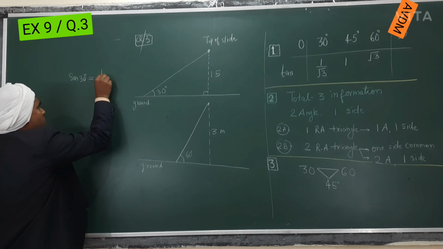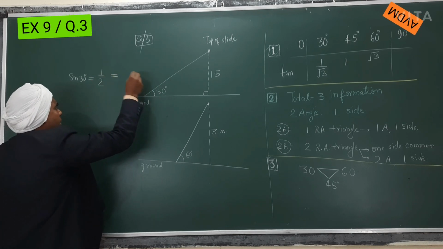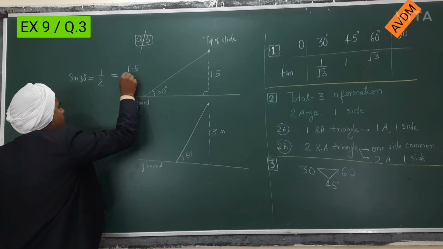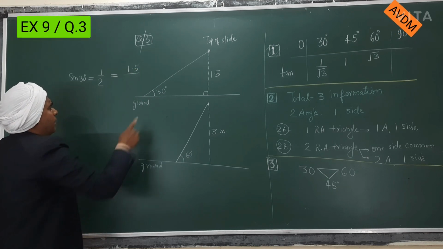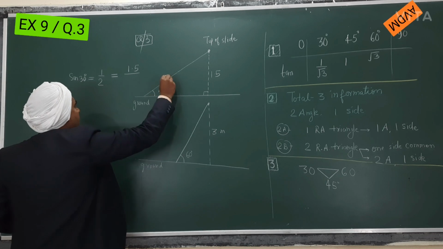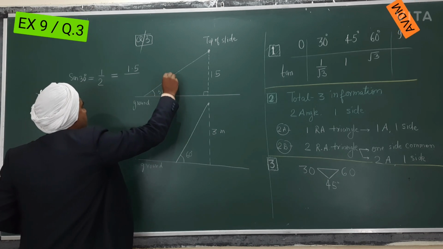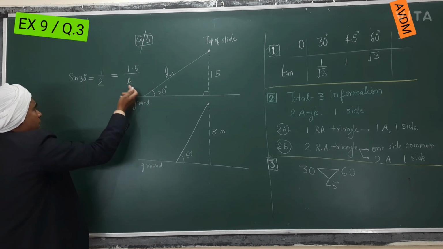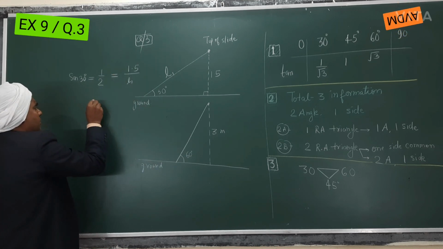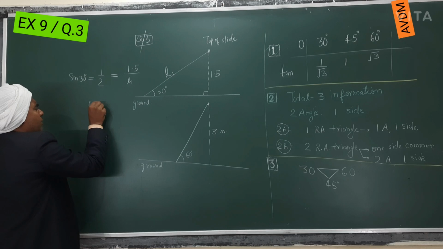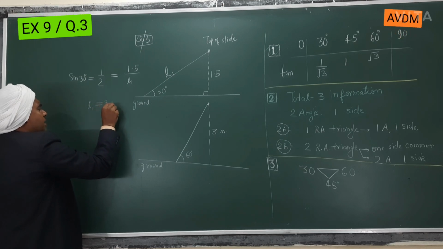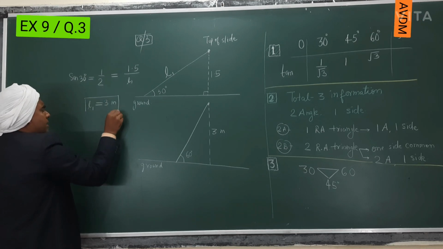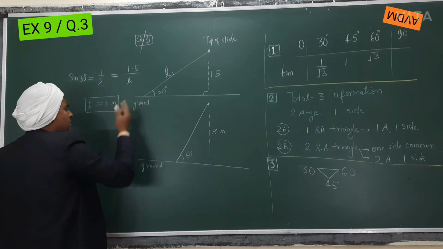Sin 30 is equal to 1 upon 2, which is equal to 1.5 upon the length of the slide, L1. So now calculate: L1 is equal to 3 meter. So the first answer: the length of the slide is 3 meter.